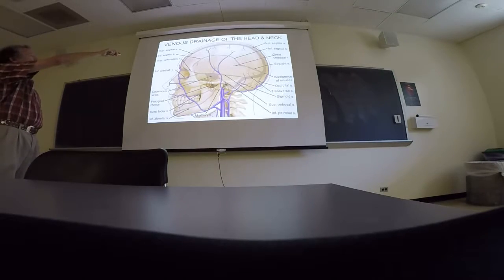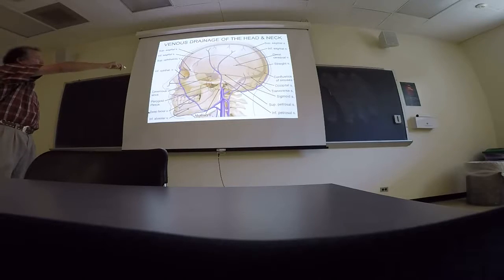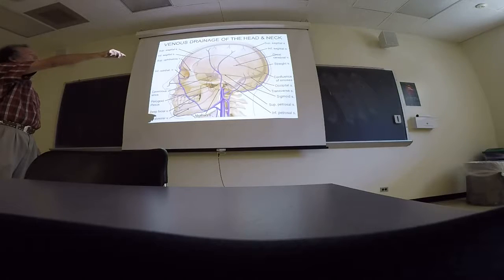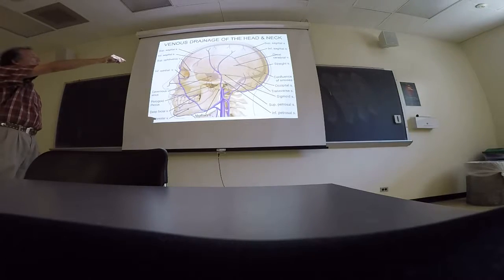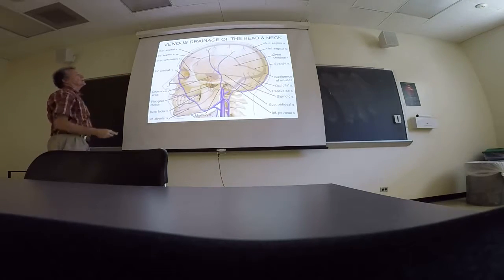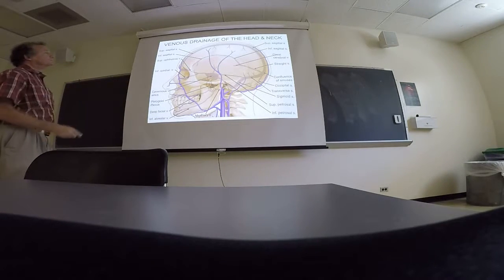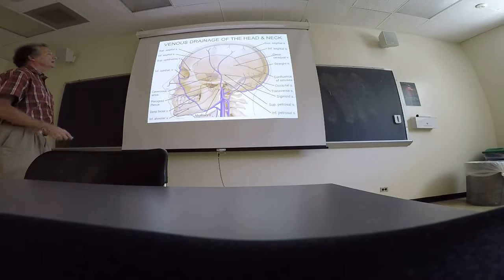So these veins can either drain down through the facial vein, or they can head back into here. There's this big area in the middle known as the cavernous sinus. It's lying on either side of that sella turcica there. We'll see it in cross-section in a minute.